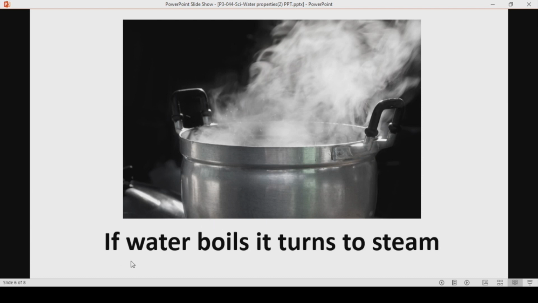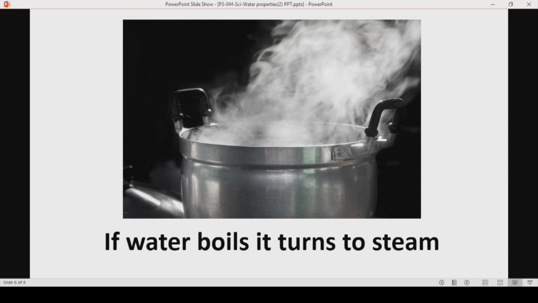If water boils, it turns to steam. Yes. You see all this smoke or vapor coming from the water here? This is steam. Have you ever seen at home when your mum or your dad, they use a kettle? And then when the water boils, what comes from the top of the kettle?